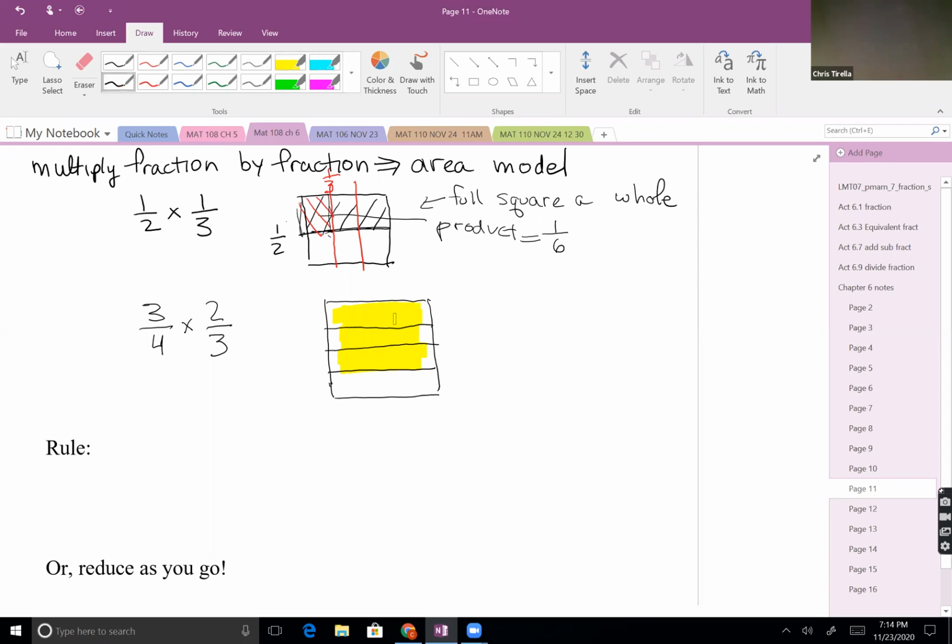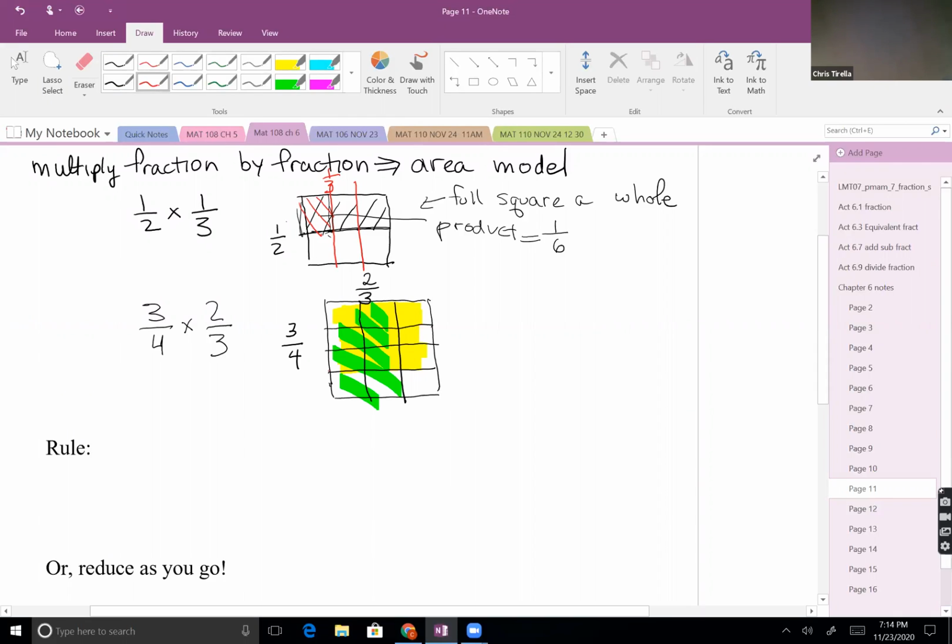This would represent 3/4. And then the other side, I would divide into thirds. And with a different shade, I would shade in 2/3.